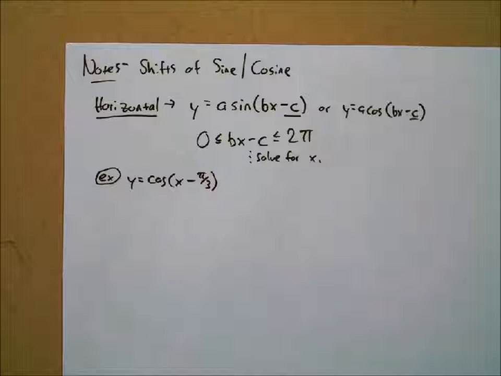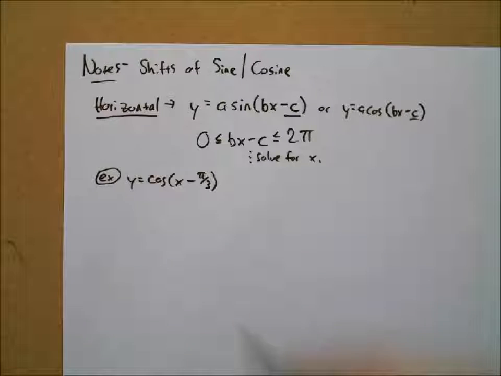This is going to be a shift in which direction? To the right, how much? Pi over 3, right? So instead of our initial period starting at 0 and going to 2 pi, we're going to shift everything right pi over 3. So instead of starting at 0, we'll now start at pi over 3. And instead of ending at 2 pi, we'll end at 2 pi plus pi over 3, which will be 7 pi over 3. Okay?